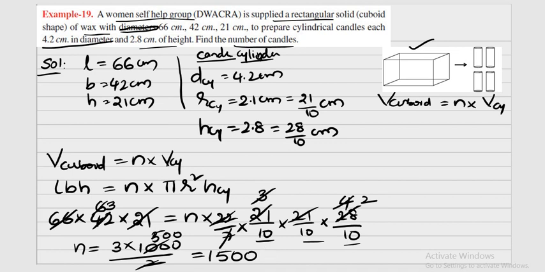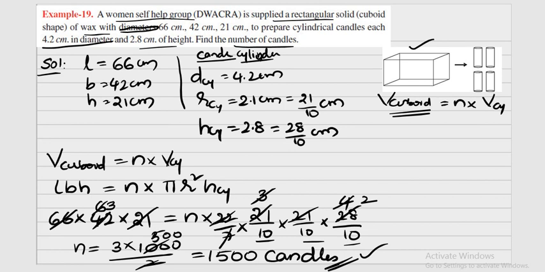So totally how many candles can I prepare? Those women can prepare 1500 candles out of this particular cuboid, right? Likewise, we can do different types of problems related to volume conversion.